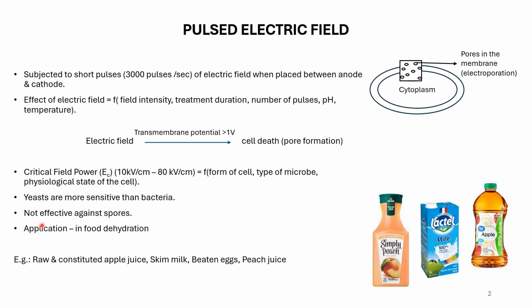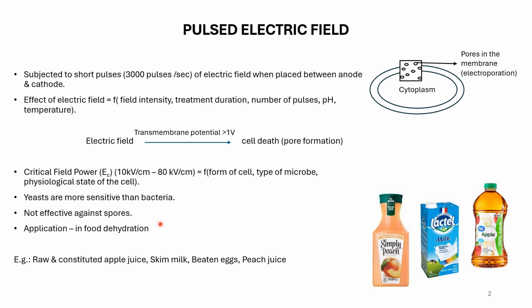These days, it is used in food dehydration as it is able to reduce the quality changes associated with dry and semi-dry products. So when you can apply pulsed electric field to retain organoleptic properties and nutritional content of the food product, you will obviously opt for this methodology in food dehydration.